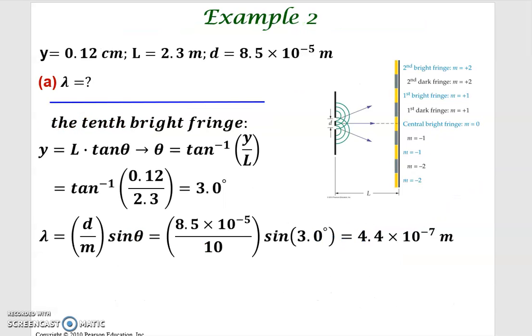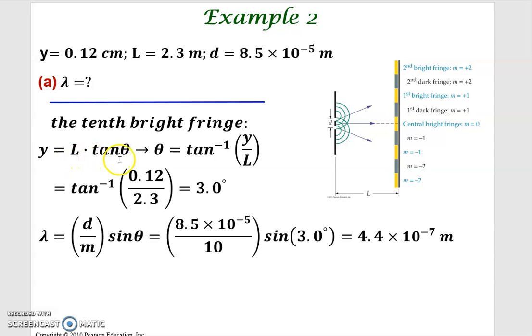Let me show you the details. As before, I always suggest you write down everything we know first. Now let's try to calculate the wavelength. For the 10th bright fringe, the y distance from the 10th bright fringe to the central one, if you use the triangle here with angle theta, theta is unknown, but you know the relation between y and L. It is simply through the tangent.